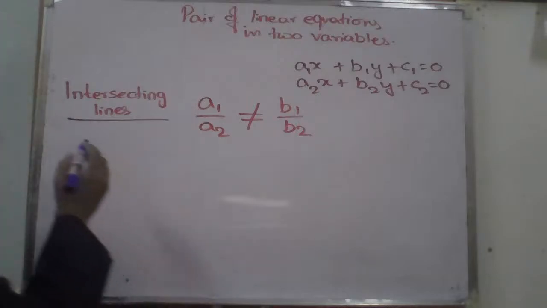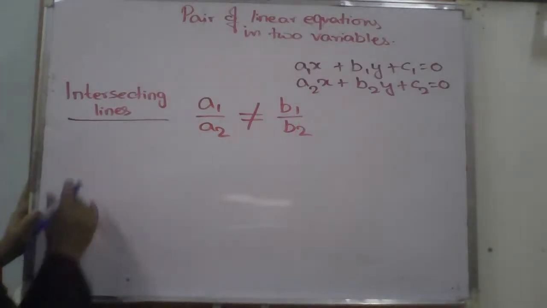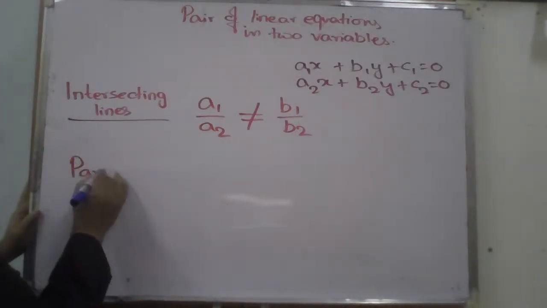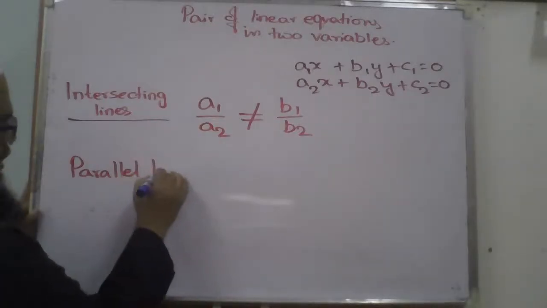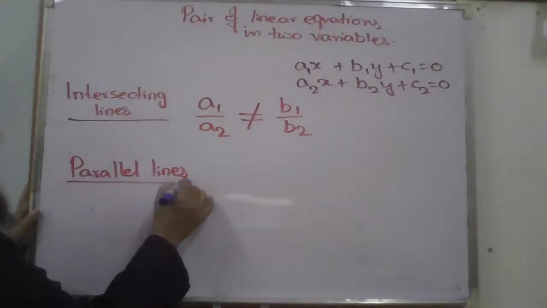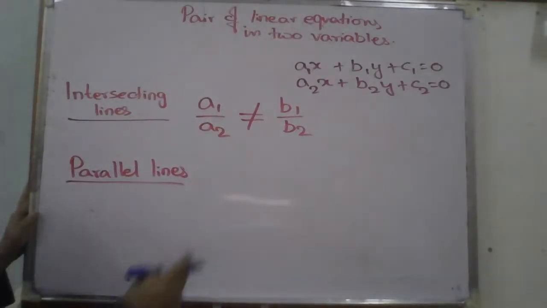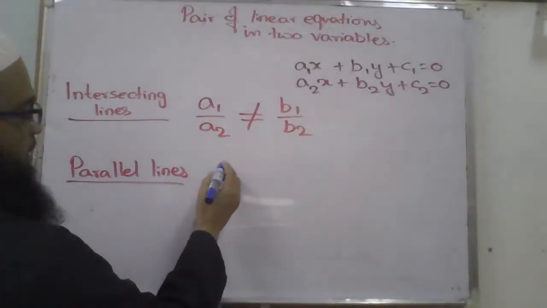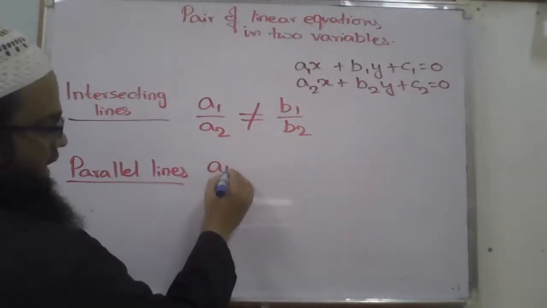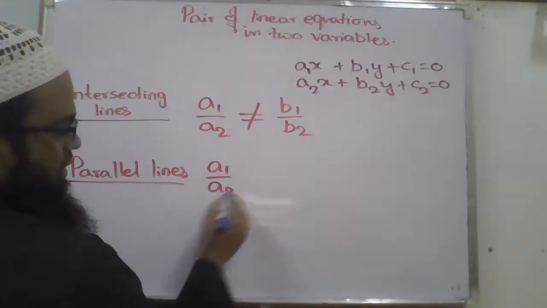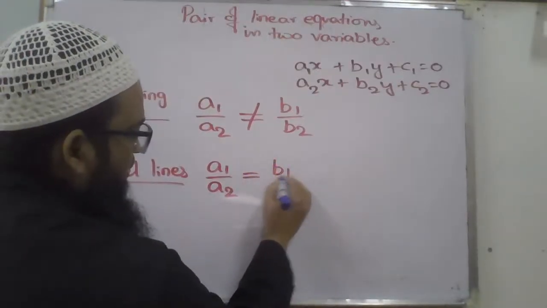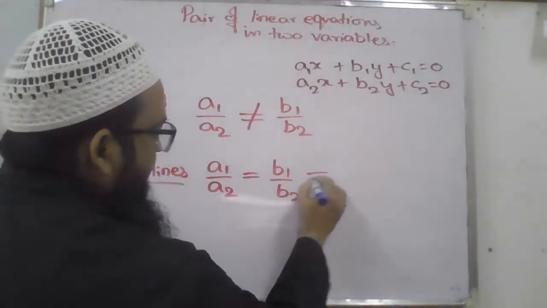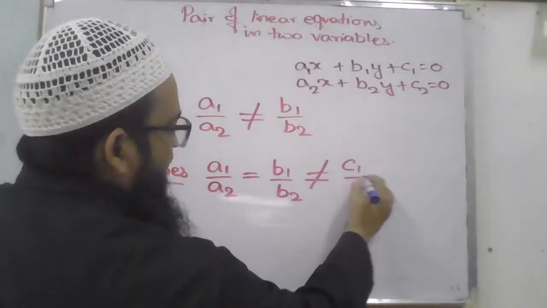And after that, you have parallel lines. If you remember in this order, it will be very easy to remember these conditions. For parallel lines, a1 by a2 is equal to b1 by b2 is not equal to c1 by c2.